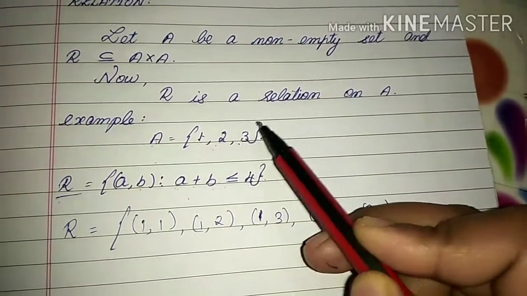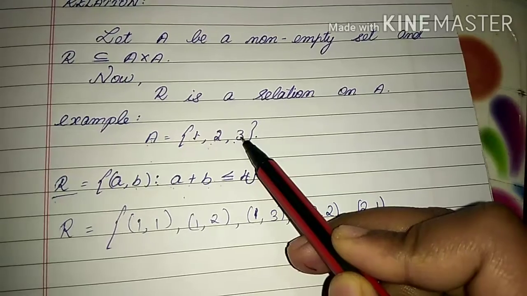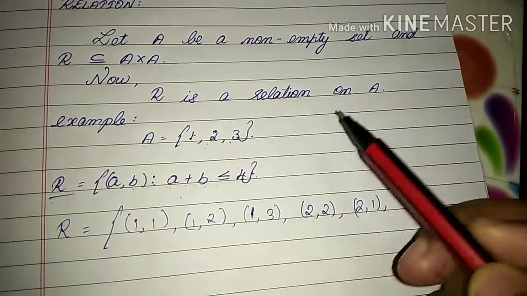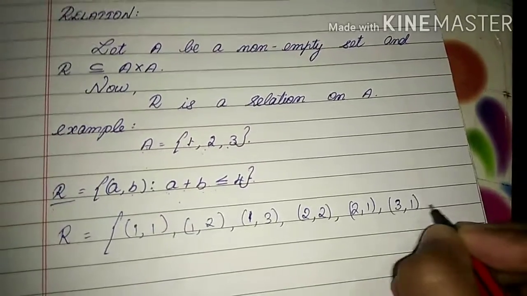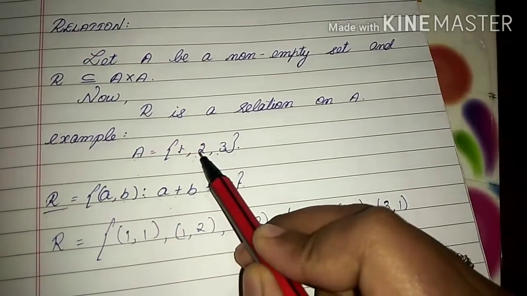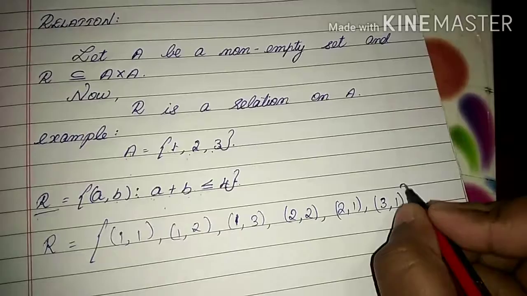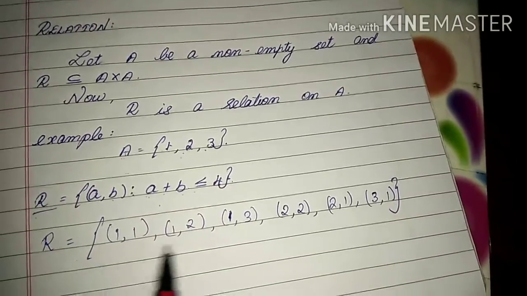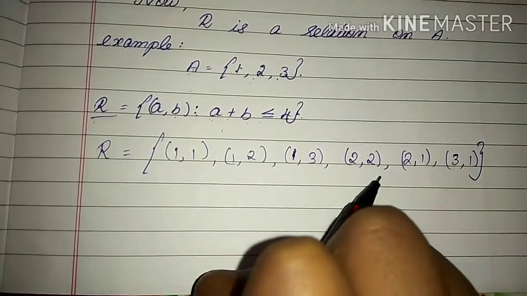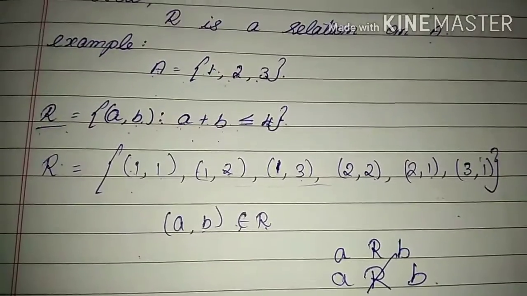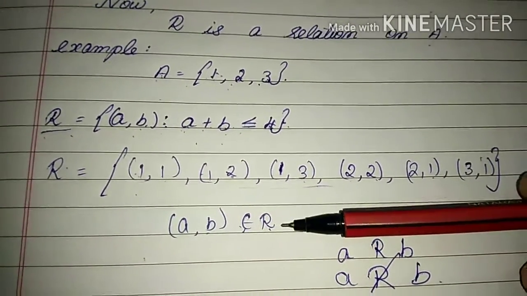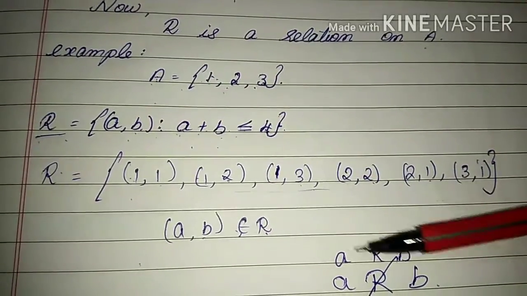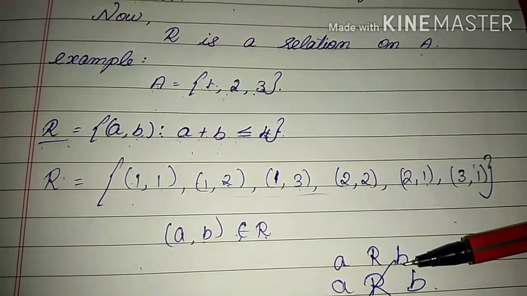And if I move on to 3, 3 plus 1 is 4, so I can take (3, 1). 3 plus 2 is 5, so I cannot take it. So this is the relation, which is a subset of A cross A. Now I can say that (a, b) belongs to R, because I have these elements, so I can say a is related to b.